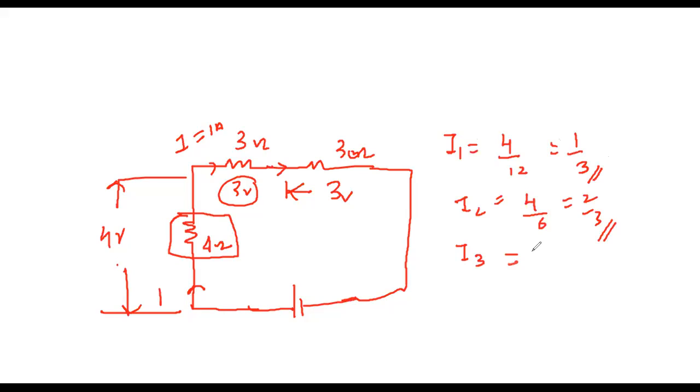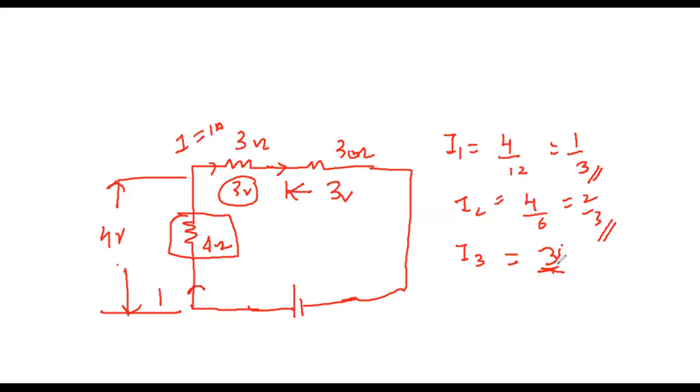I3 will be equal to voltage over resistance.